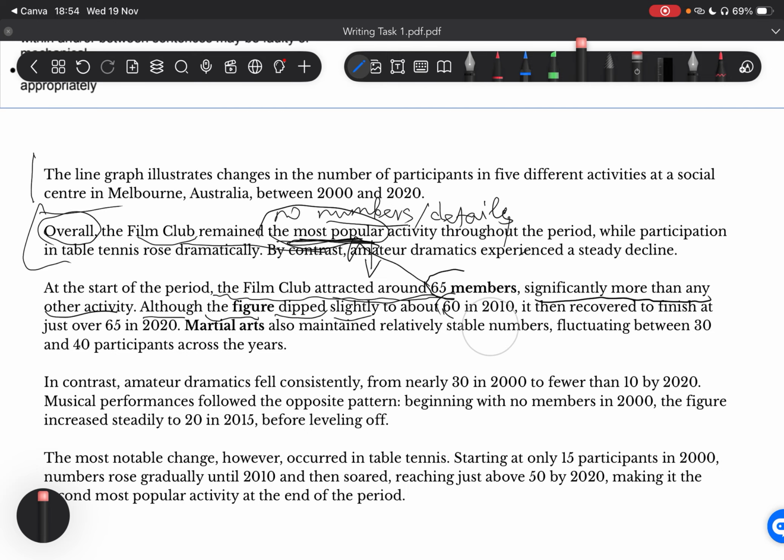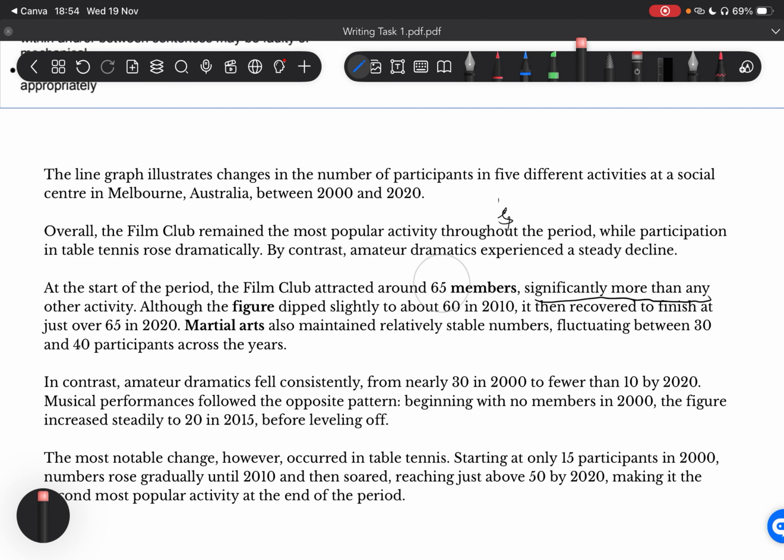Every single detail that attracts attention is good to be reported. It then recovered to finish at just over 65 in 2020. So we have the beginning of it, and then the middle and the ending.